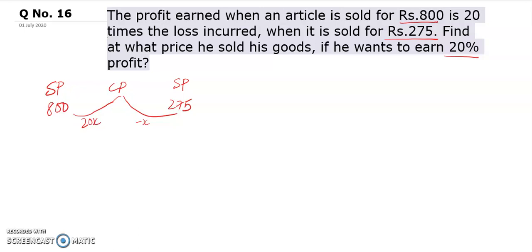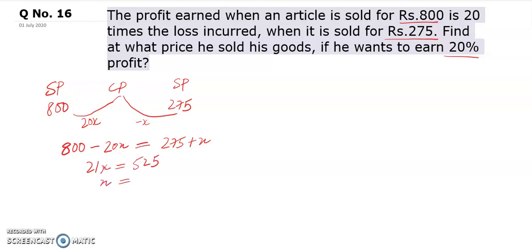Now here we will get an equation. CP is equal to SP minus profit, and CP is equal to SP plus loss. So here we have SP 800 minus profit 20X is equal to 275, the SP, plus loss X. If we solve this equation, we will get 21X is equal to 525.